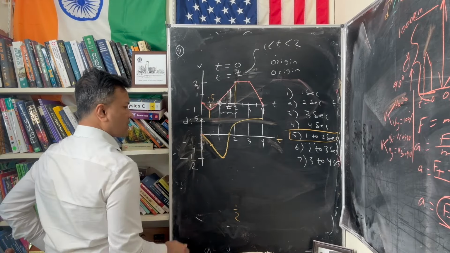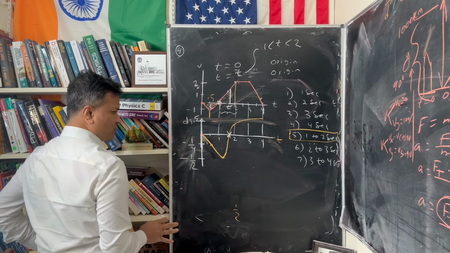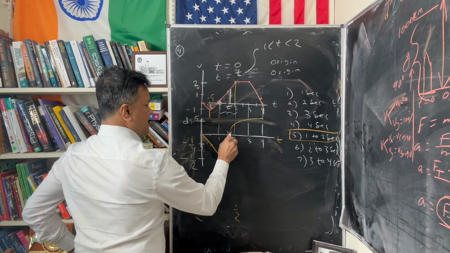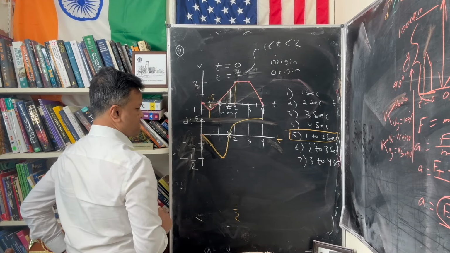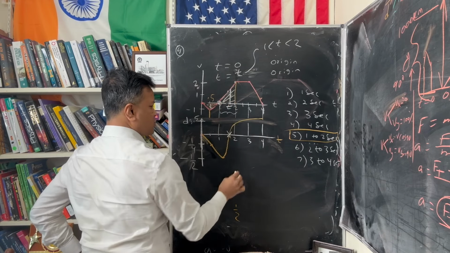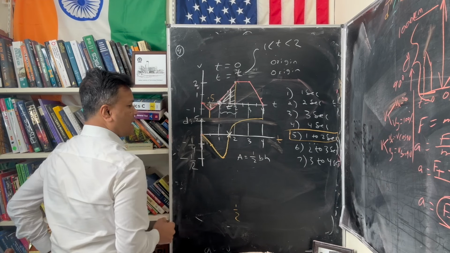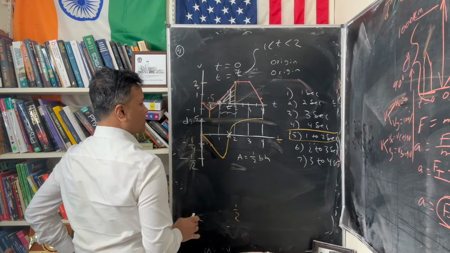So now we're gonna find out what second this is. Now you have some idea what's going on. Because at this point you are back to origin. So this is half bh, area is half bh. So what is the area already?